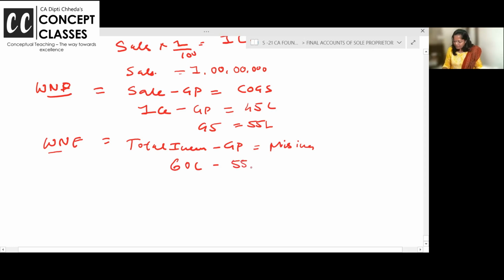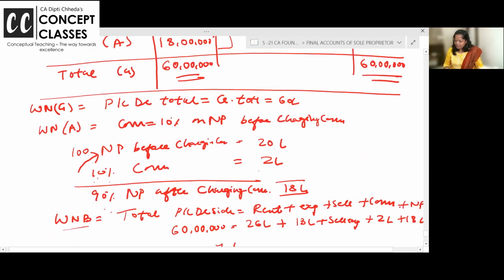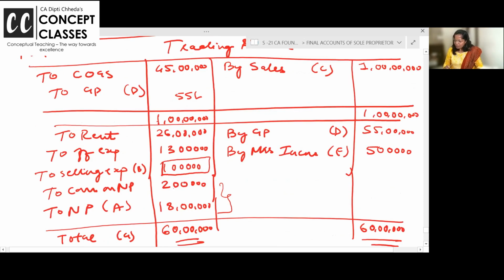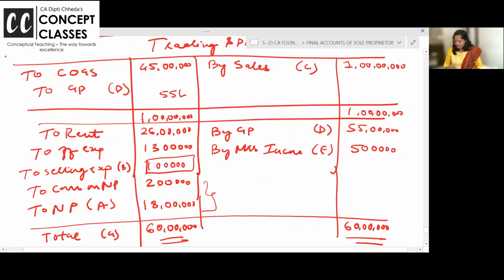GP आया ऊपर से 55 lakhs. So your miscellaneous income is coming as 5 lakhs. और लिख दो 5 lakhs और पूरा प्रॉब्लम टैली हो गया.